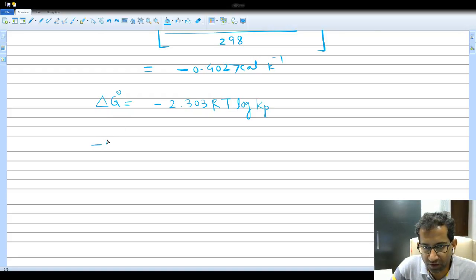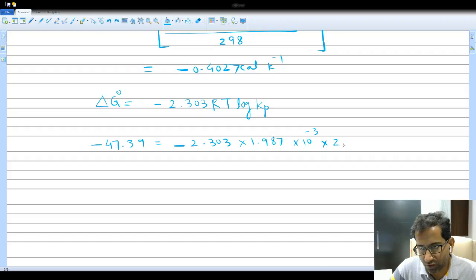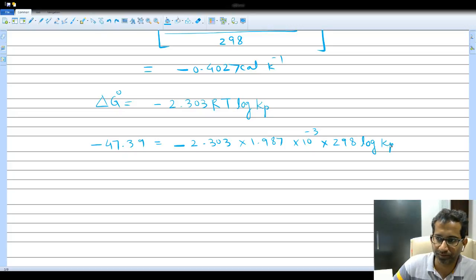Now it's minus 47.39 equals minus 2.303 into 1.987 into 10 raised to minus 3 into 298 log Kp.